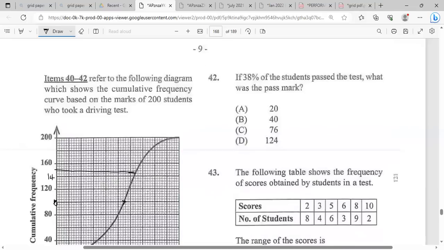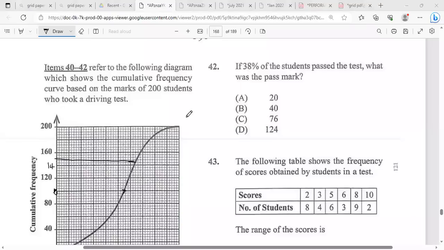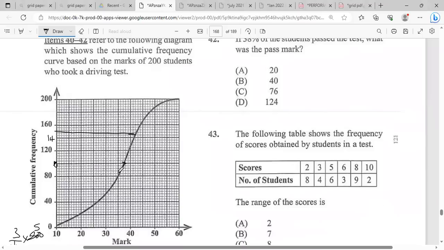If 38% of students pass this test, what was the pass mark? So only 38% pass, so that would be about 40%.